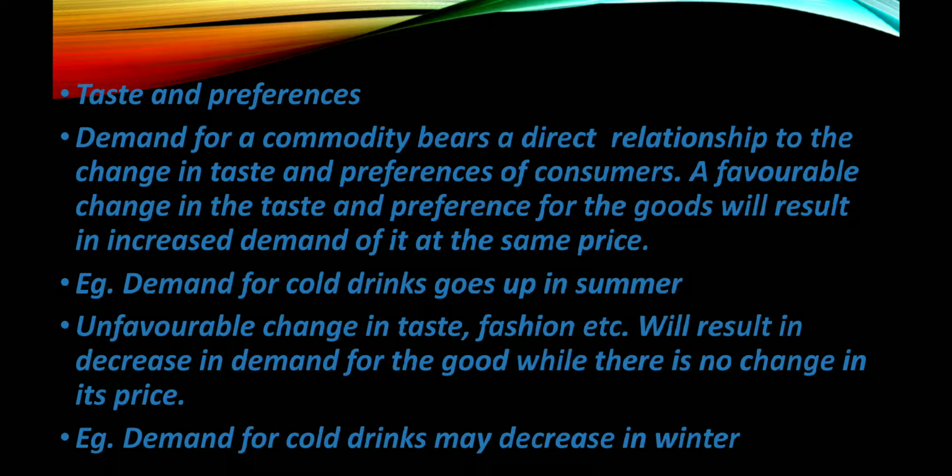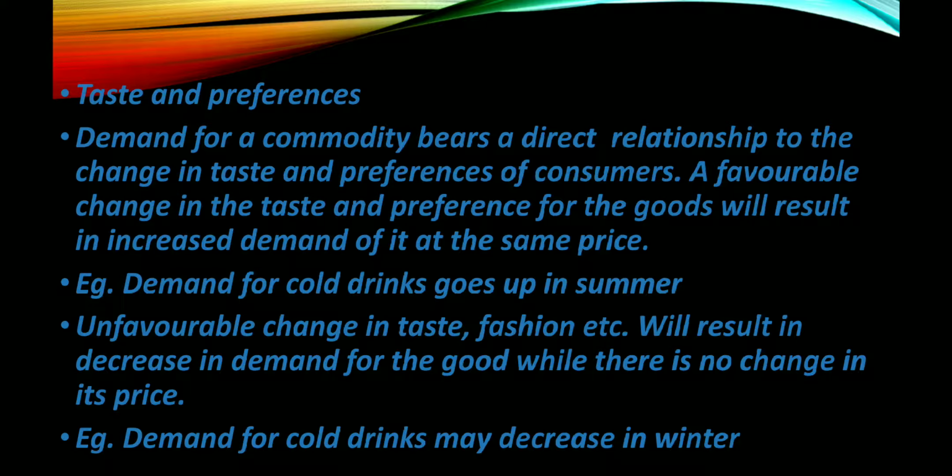And finally, another determinant: taste and preference. Demand for a commodity bears a direct relationship to the change in taste and preference of consumers. A favorable change in the taste and preference for a good will result in increased demand for it at the same price. Example, demand for cold drinks goes up in summer.